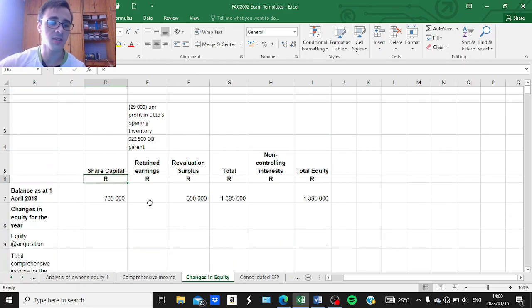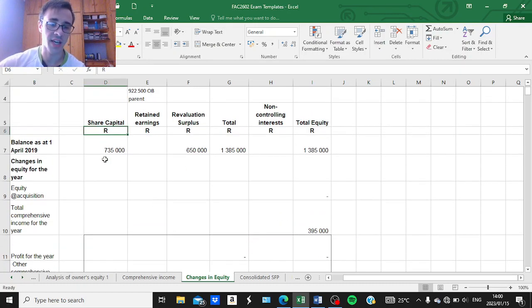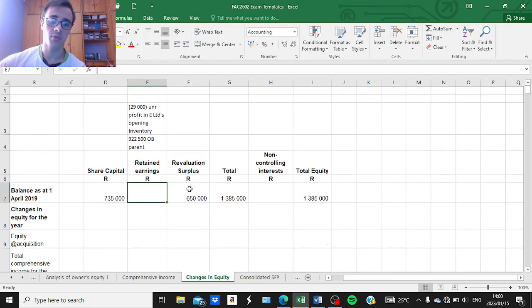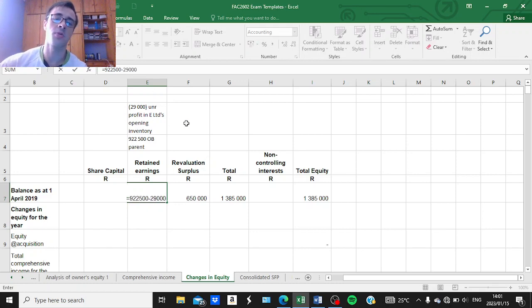So opening balances, share capital was 735. We have already determined that. Retained earnings will be the opening balance of the parent, which is 922,500. Then we needed to make the adjustment of 29,000 as part of the elimination of the unrealized profit in opening inventory.